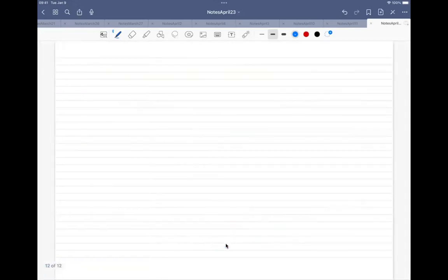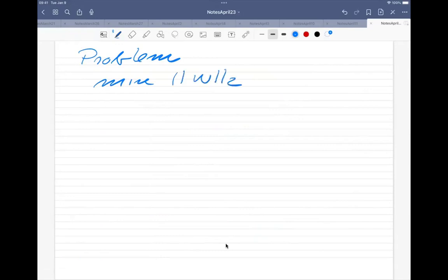So the problem which we want to solve is of the following type. We could minimize the norm with respect to the parameters W and W0.